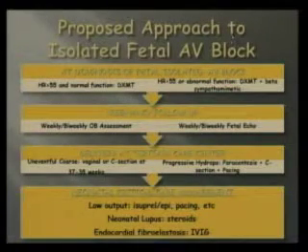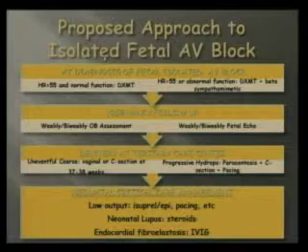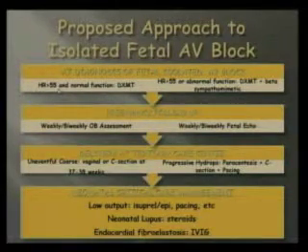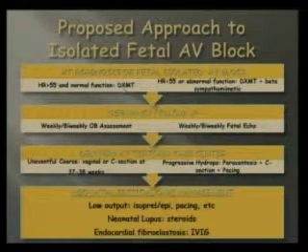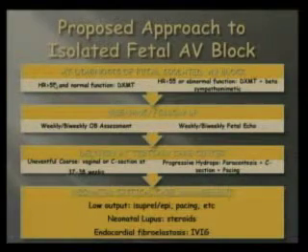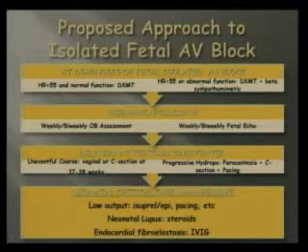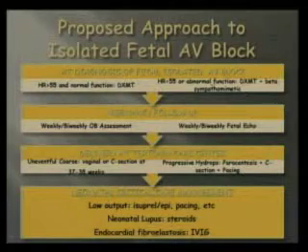So if you see fetal heart block, this is an algorithm that looks at diagnosis of fetal heart block. If they see heart block, they're going to treat with steroids, whether there's a good rate or a bad rate. But if the rate's less than 55, they're also going to add a sympathomimetic to maternal therapy.